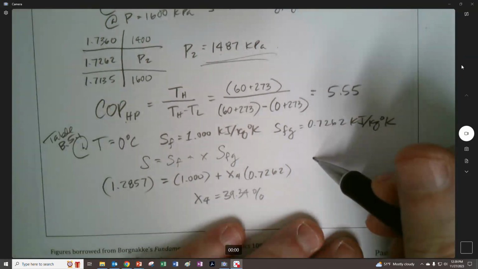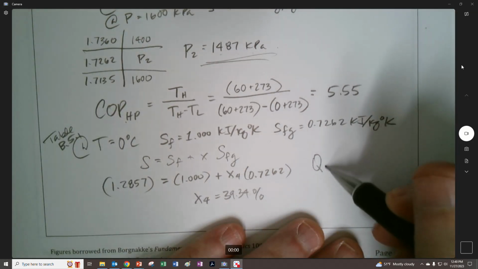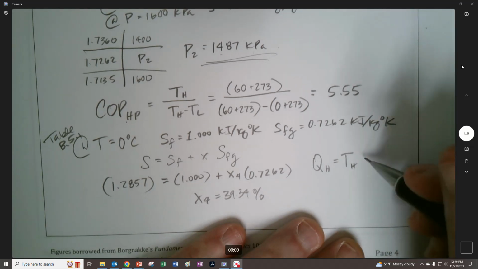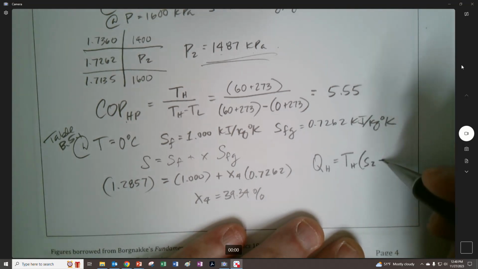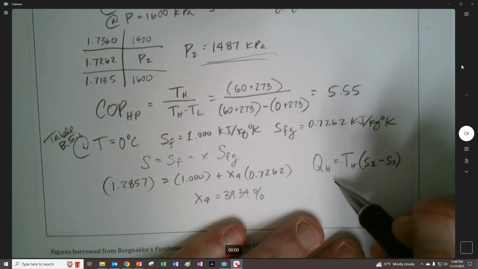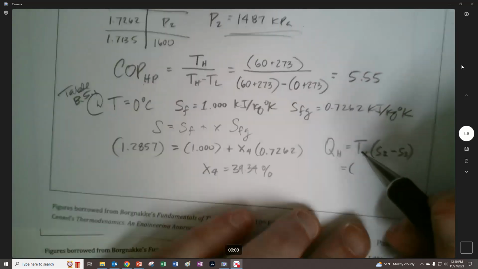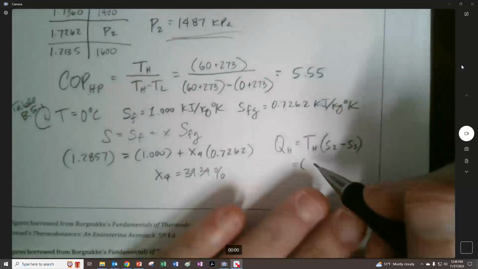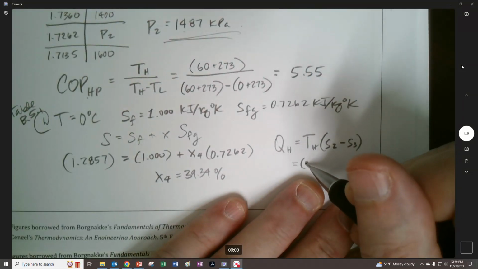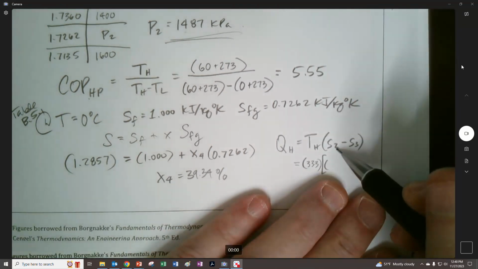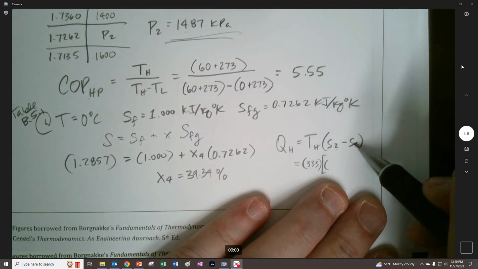I think I could find QH, which is going to be TH times S2 minus S3, right? The high temperature is going to be in Kelvin, so we go 333 Kelvin times 2 minus 3, right?